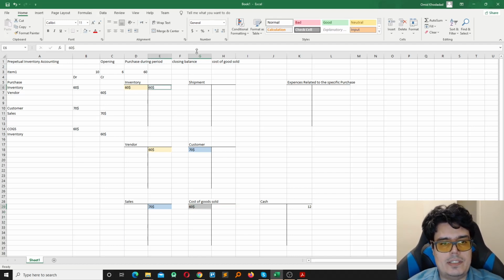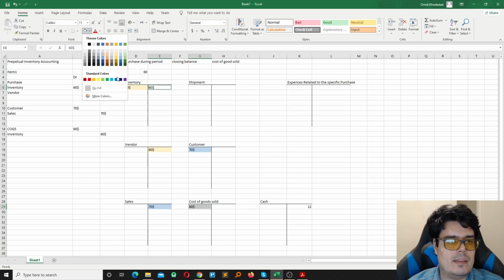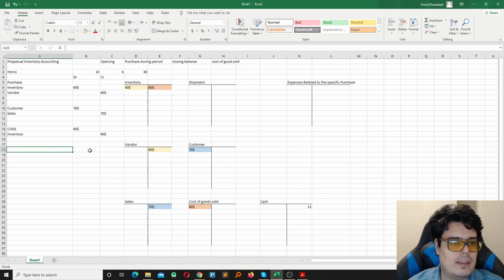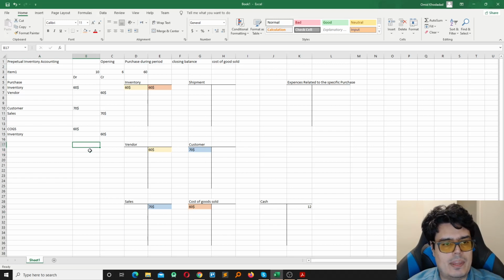Let me have these two separated by color. Yeah, this color is okay. And now we have completed a cycle of purchasing an item and selling an item.